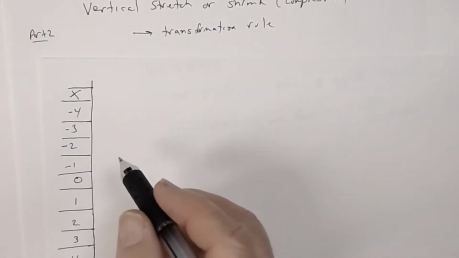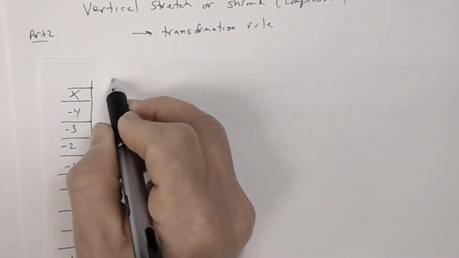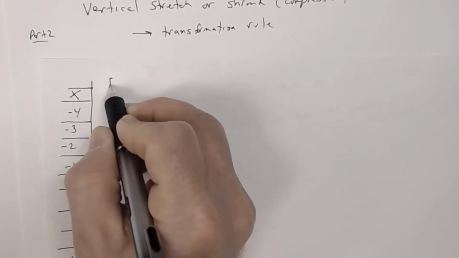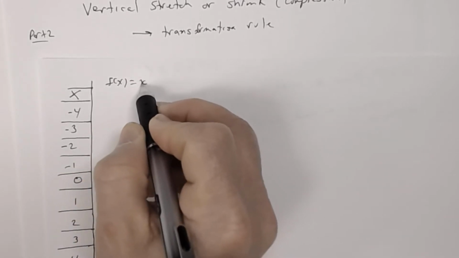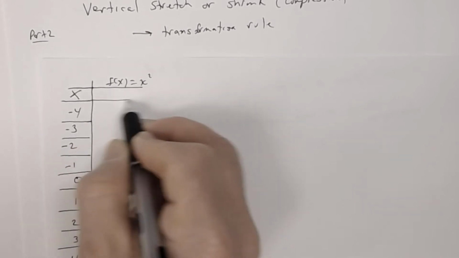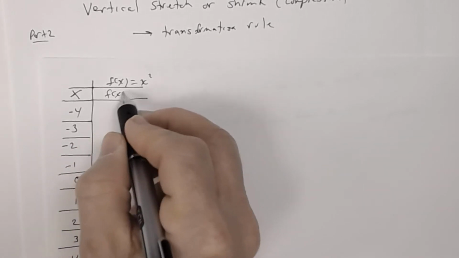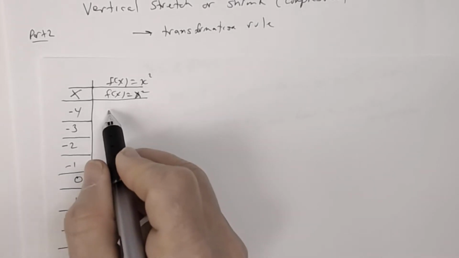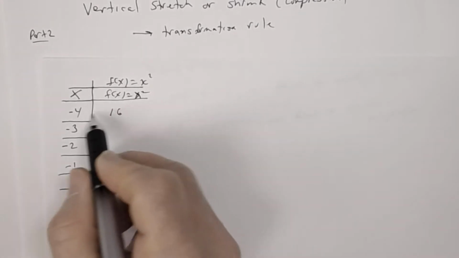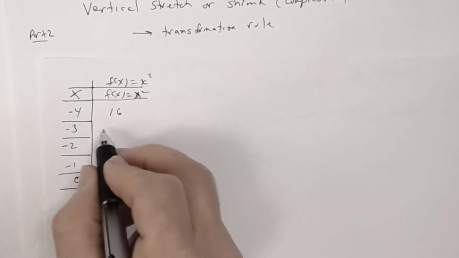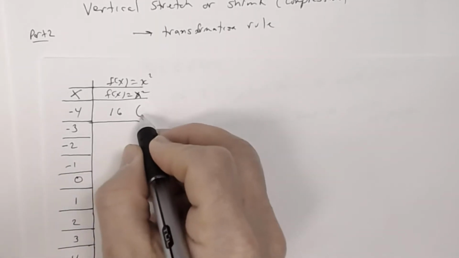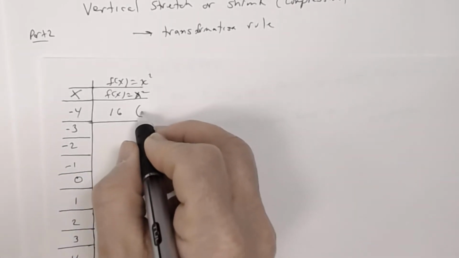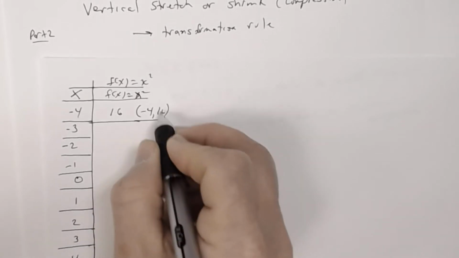So what I want to do here is this. When I graphed f of x, which is x squared, I should have put that here, f of x equals x squared. I got a y value of 16, because negative 4 squared is 16, which gave me the point negative 4, 16.